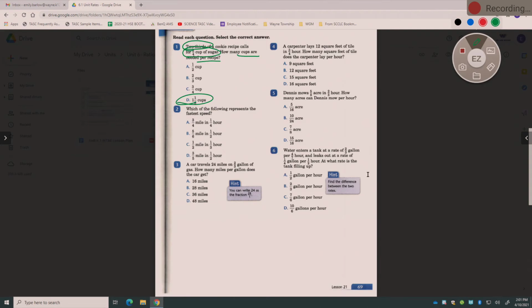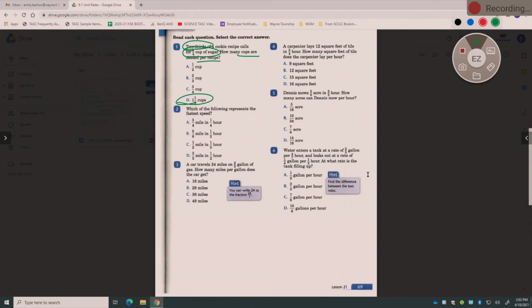Number 2, which of the following represents the fastest speed? Can I go 3/4 of a mile in 1/4 of an hour, 5/6 of a mile in 1/2 an hour, 1/2 a mile in 1/3 of an hour, or 3/5 of a mile in 1/2 of an hour? So if we're going to compare these, we need to figure out what is the miles per hour of each one.